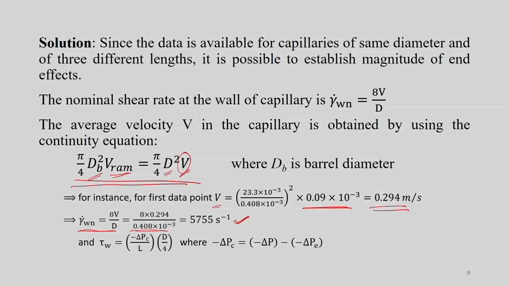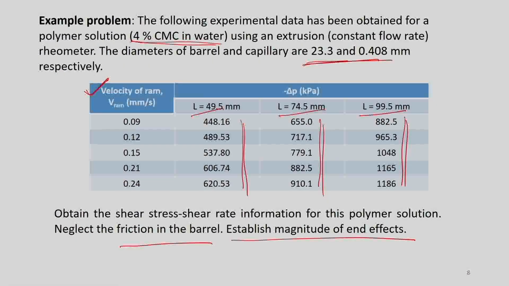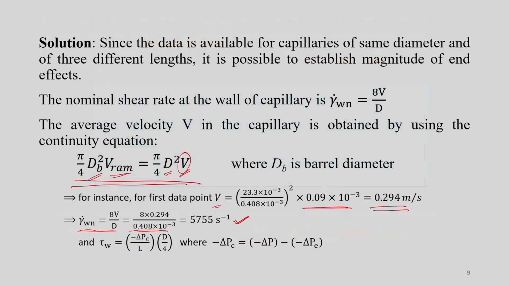And then the statement itself mentions establishing the magnitude of end effects. So it is already stating that there are end effects, and we have to find out how much the magnitude of that end effect is. So we directly need to calculate tau w using minus delta P c, right.